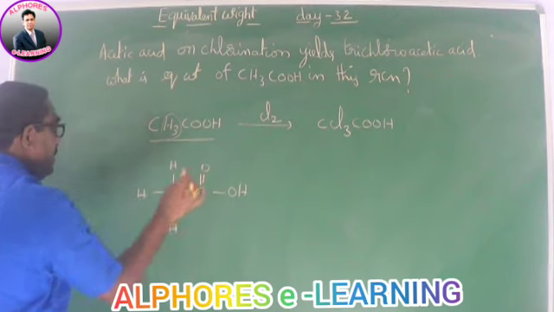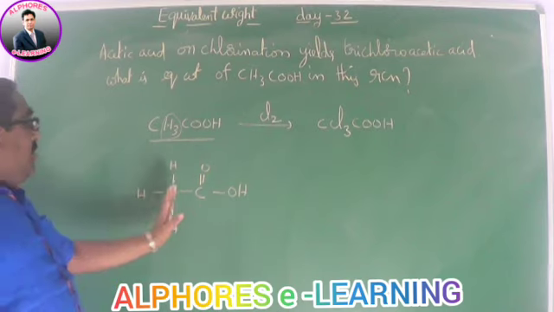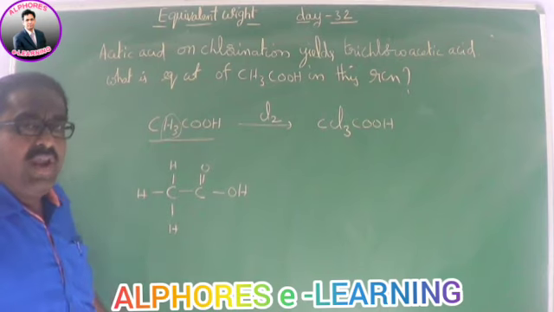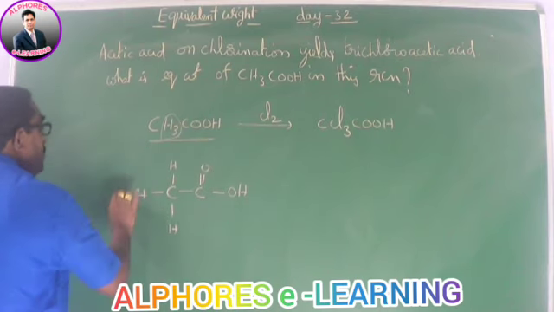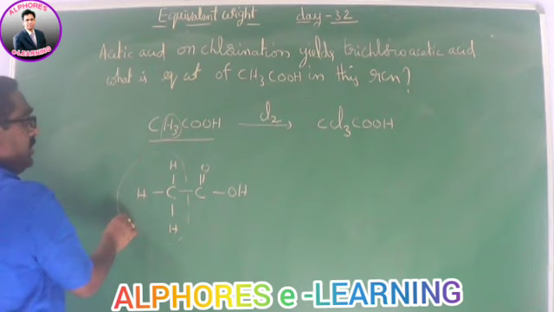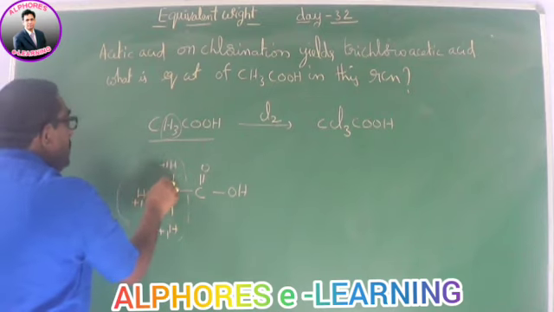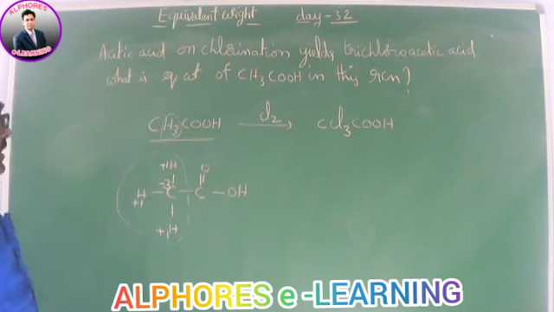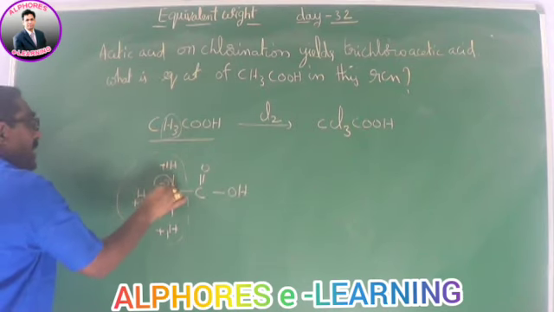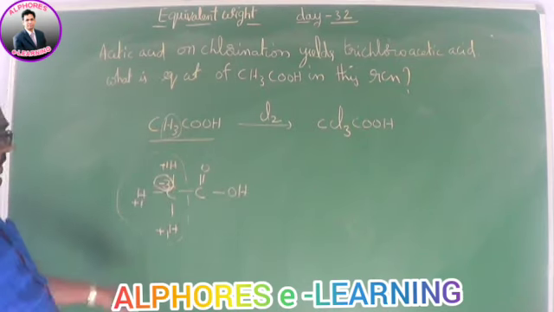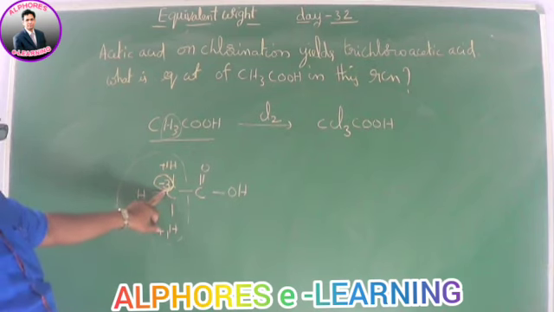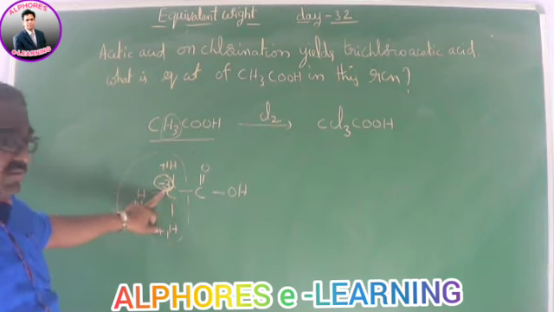Hydrogen. Bonding between same elements, net should be equal to 0. We know hydrogen is +1. So net should get 0. So the oxidation state of this carbon is -3. Observe here, students. The oxidation state of this carbon is -3.